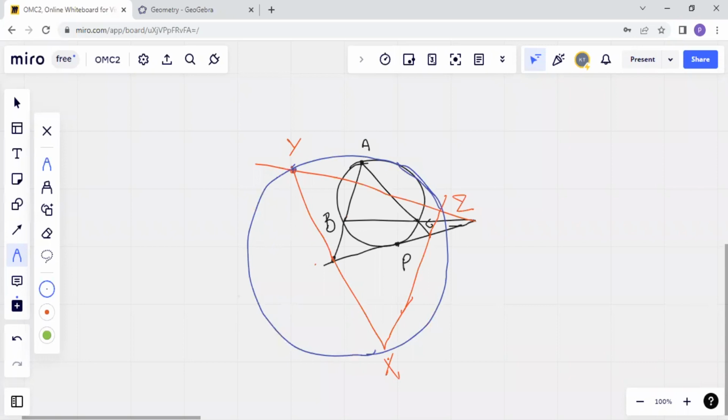Perfect. So we are given any line tangent to the circumcircle of ABC, and then we reflected that line across BC, AC, and AB. And let's say the triangle it determines is XYZ, and we want to prove that the circumcircle of XYZ is tangent to the circumcircle of ABC.